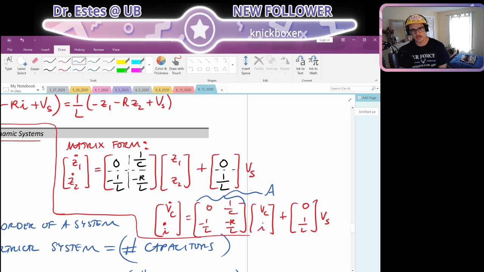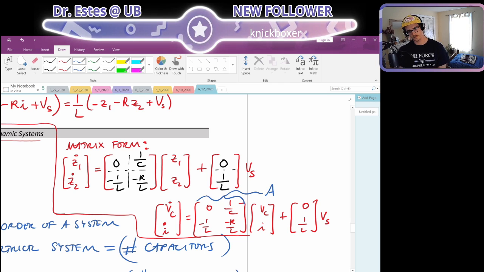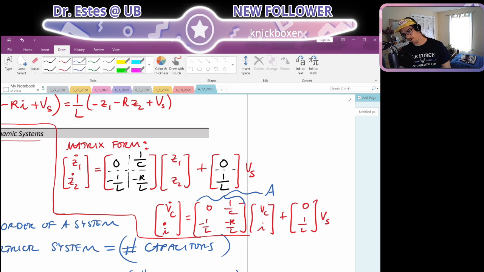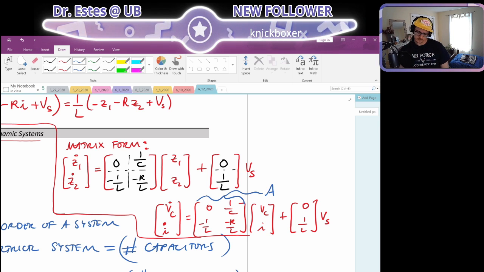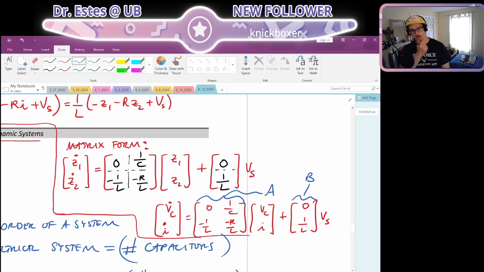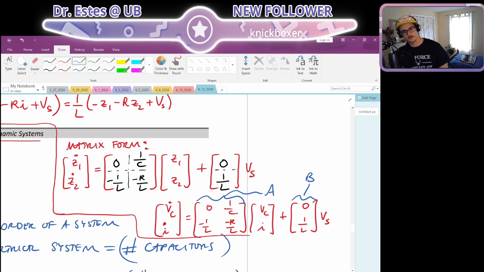You build that matrix, throw it into MATLAB, get the eigenvalues of that matrix with one line of code, and then you'll know how your system's going to behave. You're going to know its settling time from the roots. You're going to know if it has oscillations in it. All of that good stuff. So you learn a lot from this A matrix.